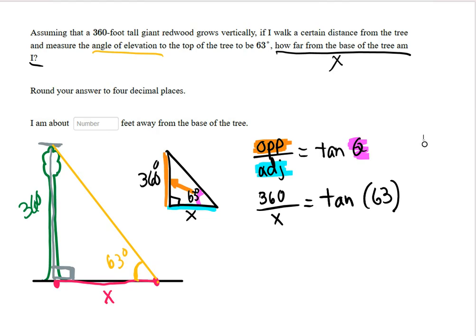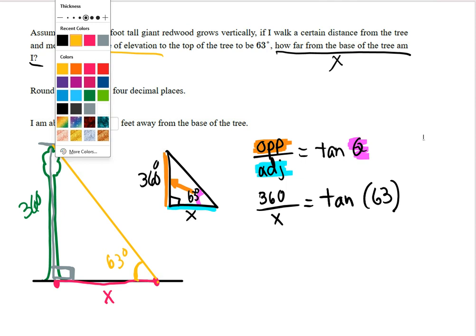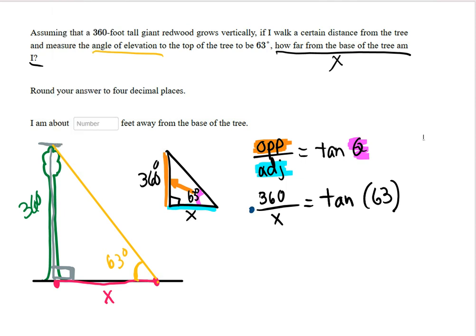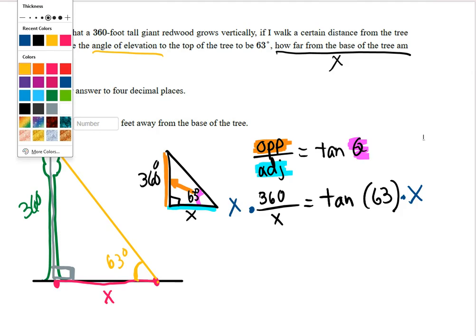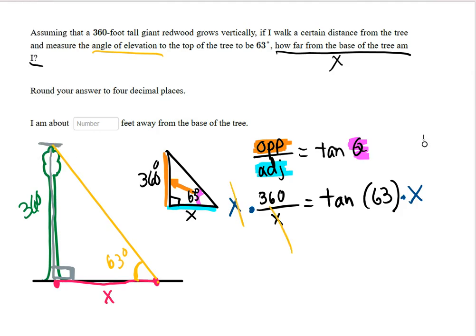So I am going to use blue. I'm going to multiply both sides by x so that this x and that x cancel out. So at this point you've got 360 equals the tangent of 63 times x.